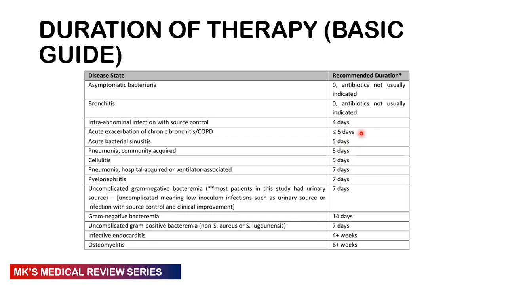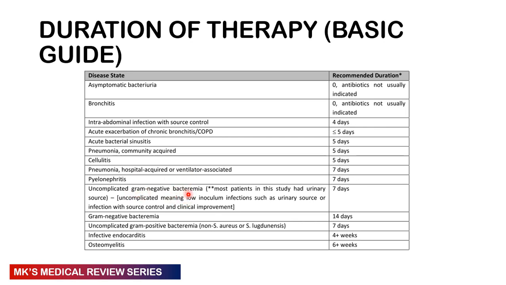If it's acute bacterial sinusitis, pneumonia, which is usually community acquired, cellulitis, hospital acquired cellulitis, these are all given for 5 days. Then with hospital acquired pneumonia, as well as ventilator associated pneumonia, pyelonephritis, as well as uncomplicated gram-negative bacteremia.